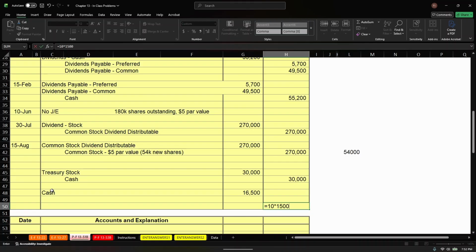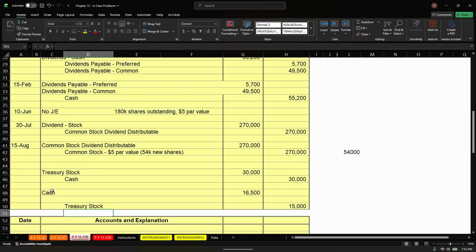That's our cost basis. So that's how much we're going to credit the treasury stock account. And we're going to have this little gain of $1,500. That's going to go into paid in capital from treasury stock transactions.